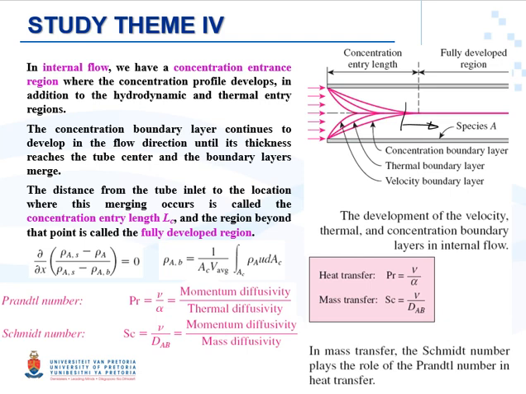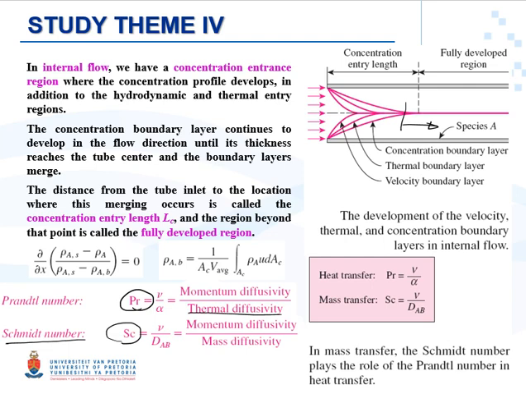If you remember, for heat transfer, that dimensionless number was the Prandtl number, which was momentum diffusivity divided by thermal diffusivity. But if we want to do the same concept, there is another dimensionless number in mass convection.